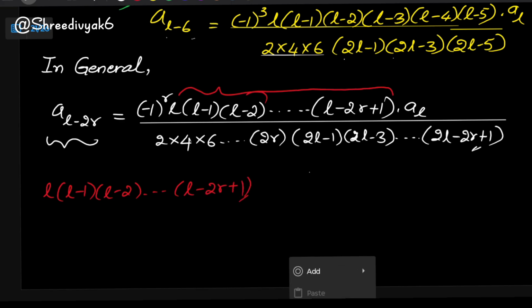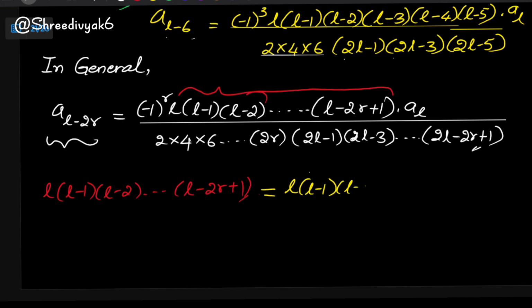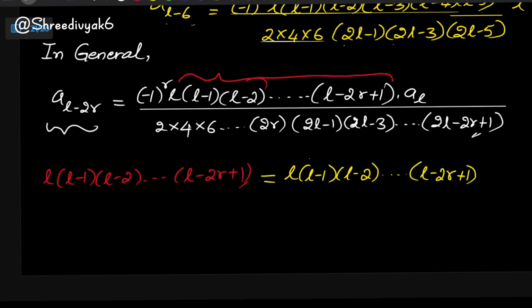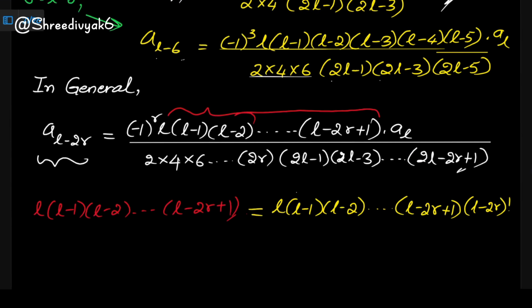Can I write this as L into L minus 1, L minus 2, so on up to L minus 2R plus 1, into, I'll just multiply and divide by L minus 2R factorial.